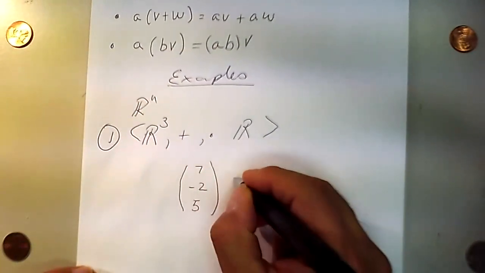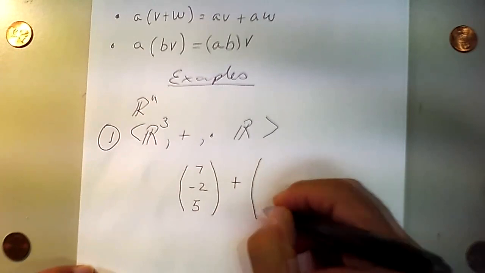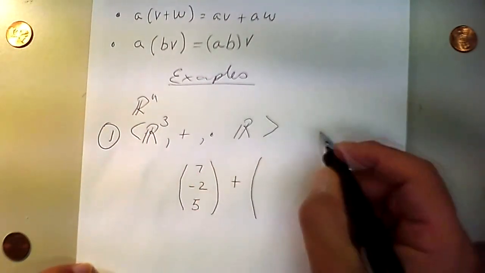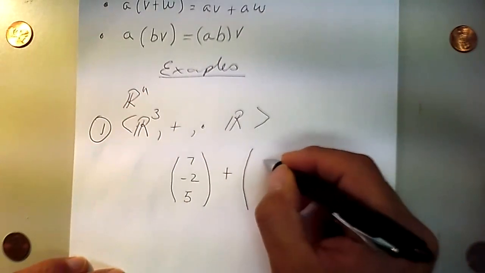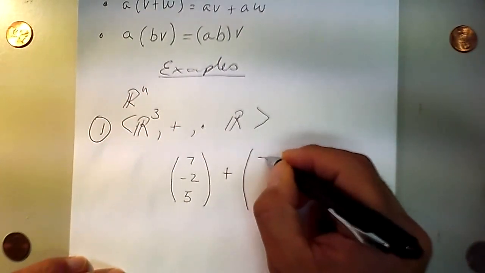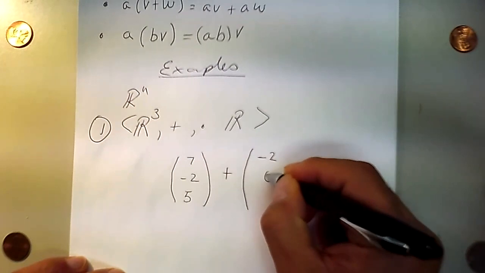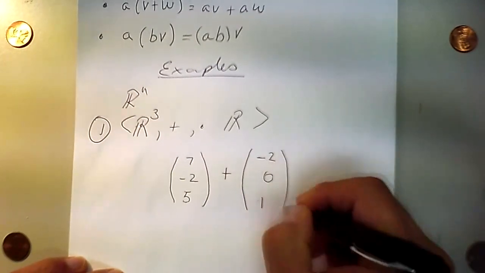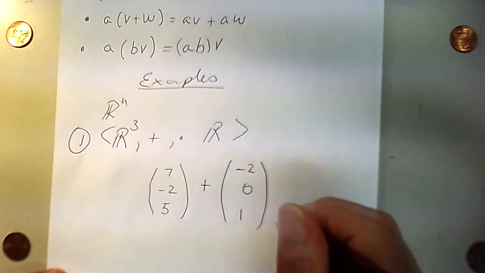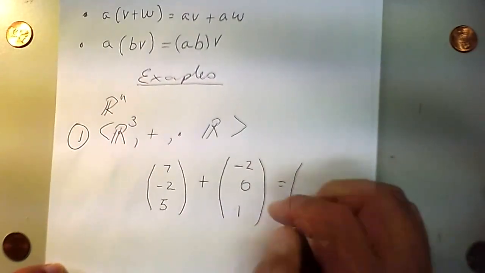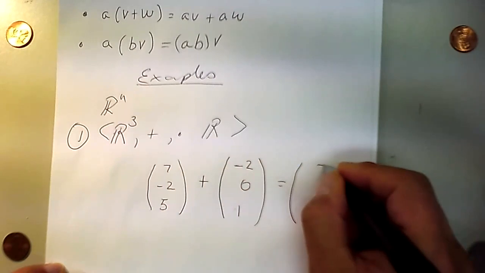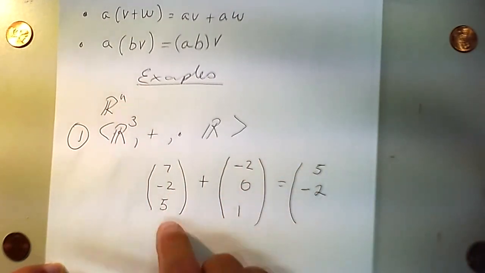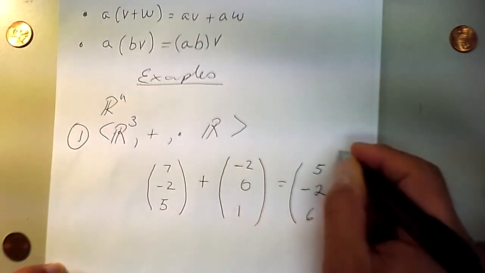If we add with another vector, again, I'm being very informal, I'm just going to talk about this lightly. Let's say we add with another one, -2, 0, 1, for instance. Then we obtain a vector. 7 plus -2 is 5. -2 plus 0 is -2. 5 plus 1 is 6.